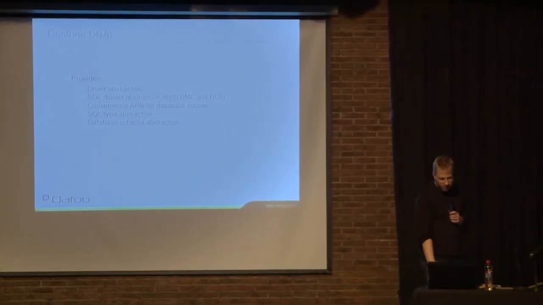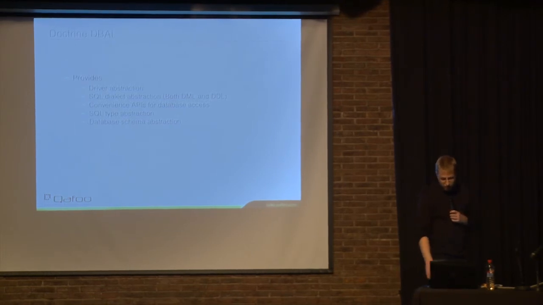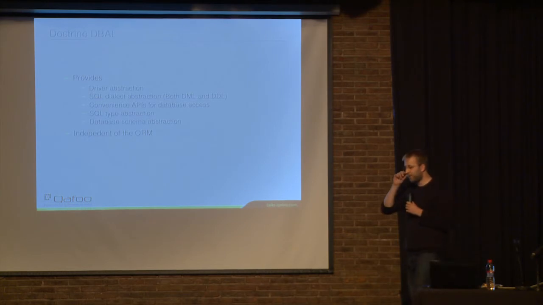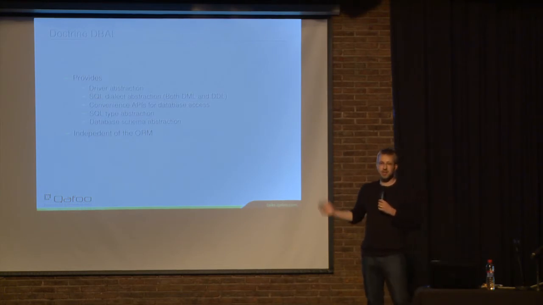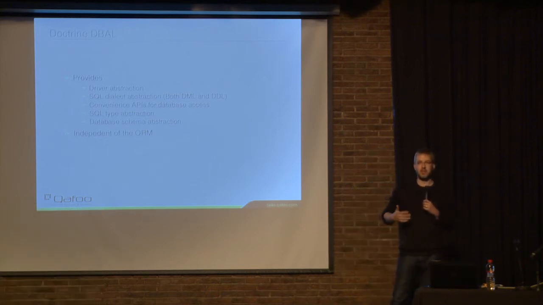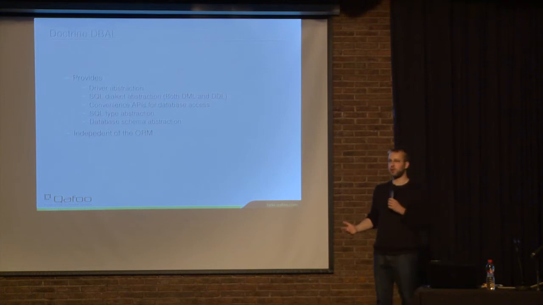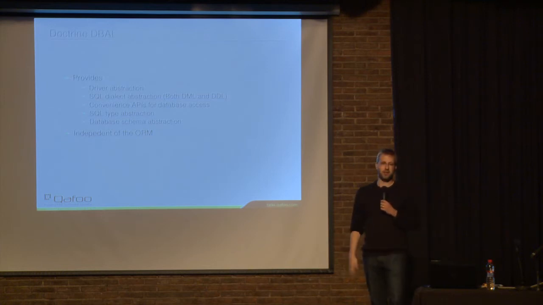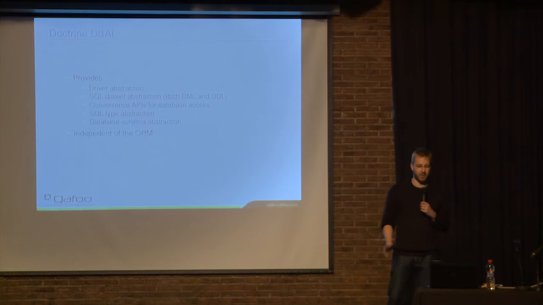I will show all these features in a little bit. The database abstraction layer in the first version of Doctrine was not independent of the ORM, so you had to use the ORM to use this functionality. But you can use it independently since version 2.0, which was released about 3 years ago, so it's actually pretty old already.